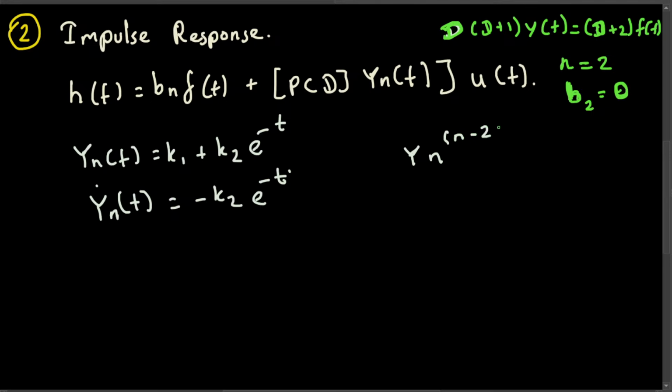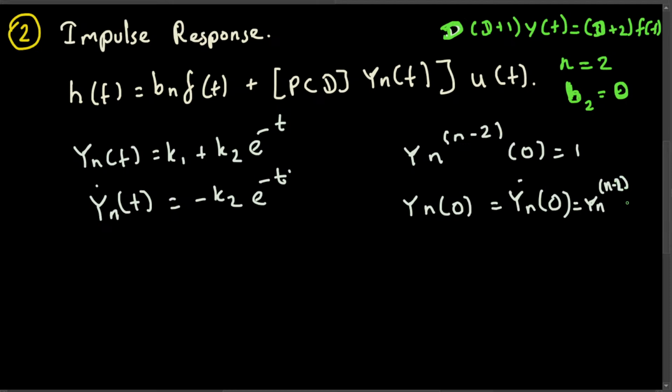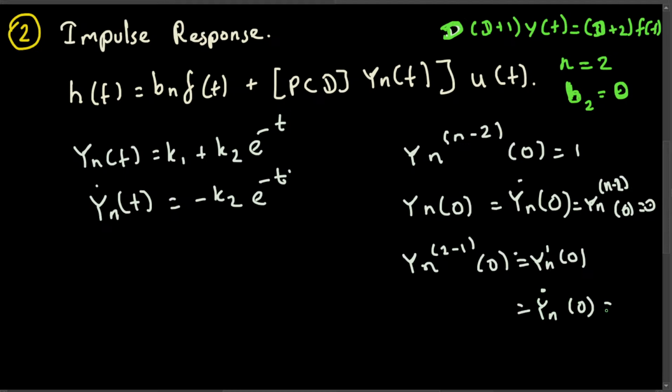Since this is second order, y_n^(n-2)(0) is equal to 0, that's the initial condition, so y_n(0) is 0, and the derivative y_n'(0) should be equal to 1.